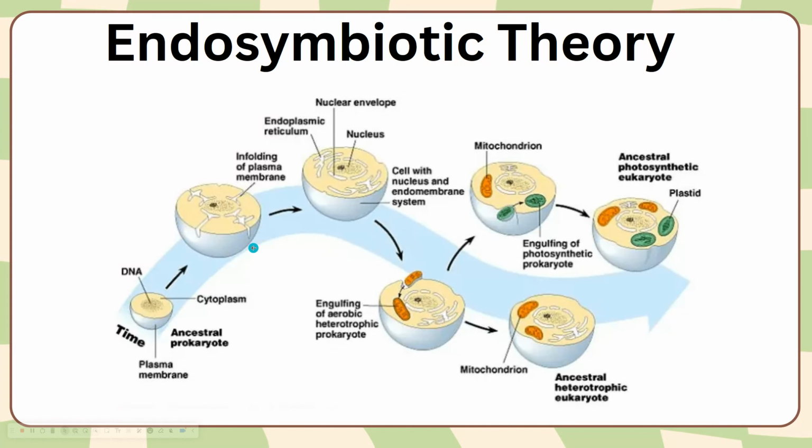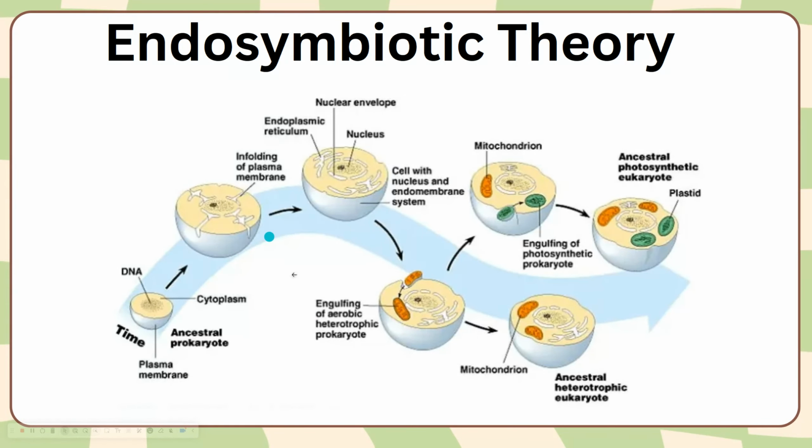And it starts to have this infolding, bending, folding of the plasma membrane. And we create these little compartments. And we're going to see that we can call those compartments different organelles like endoplasmic reticulum, nuclear envelope. It starts to make areas to have functions.